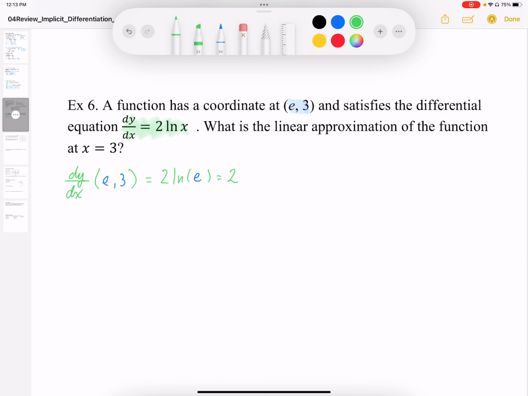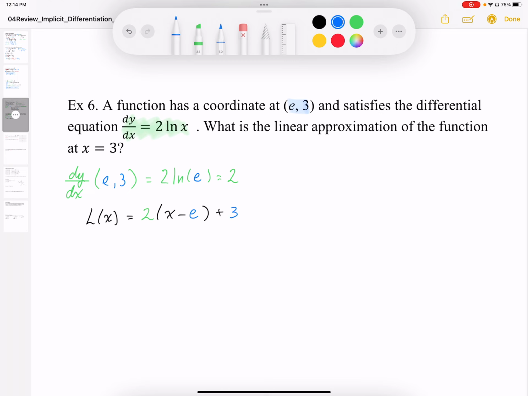I have the coordinate, so I can now come up with the equation of my tangent line. I'm going to call this L of x. This is my linear approximation line, and it has a slope of 2 and a point at x equals e and y equals 3.